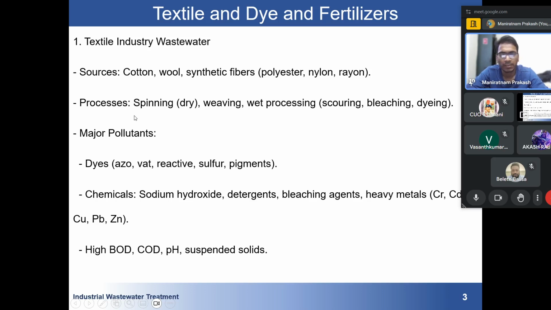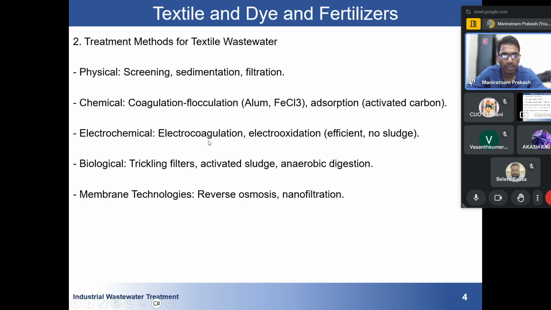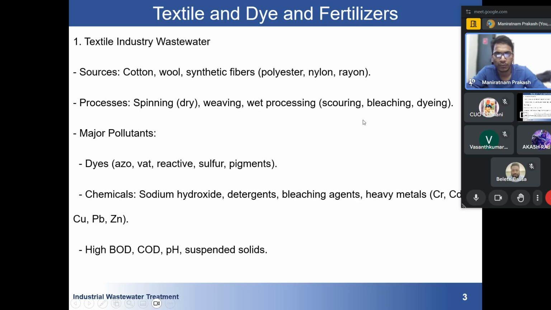There are many processes involved in production, such as spinning, drying, weaving, and wet processing. During production, a huge amount of waste is produced.